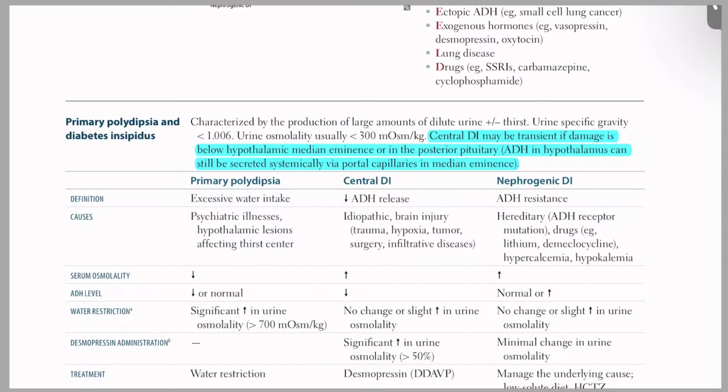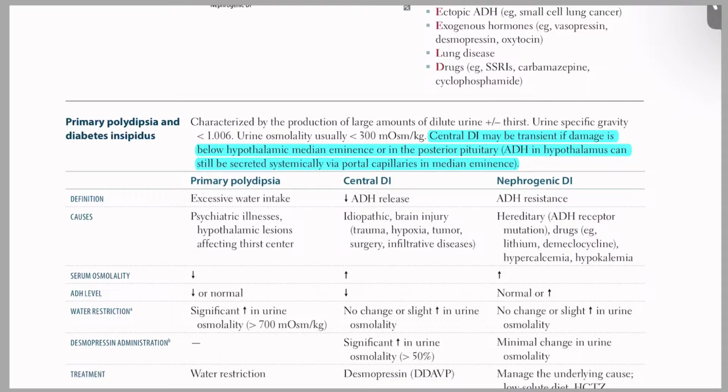Central DI may be transient if damage is below hypothalamic median eminence or in the posterior pituitary. ADH in hypothalamus can still be secreted systemically via portal capillaries in median eminence.